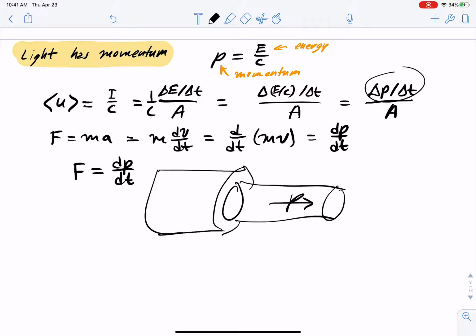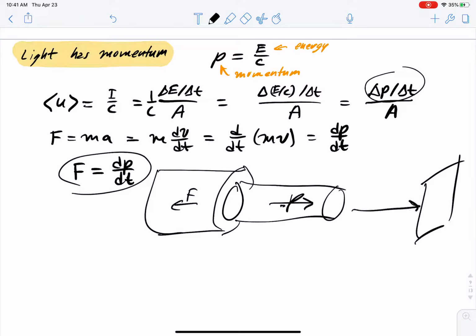By the third law, if the beam has momentum, the laser is spitting these things out, so there must be a recoil force equal to the rate at which that momentum is changing, how much momentum you're creating per second. The same thing happens over here. If the beam hits this plate and is absorbed, the light had momentum and all of a sudden it doesn't. Something must have been pushing back on it, so the plate also feels a recoil force, because it must have pushed this way on the light.